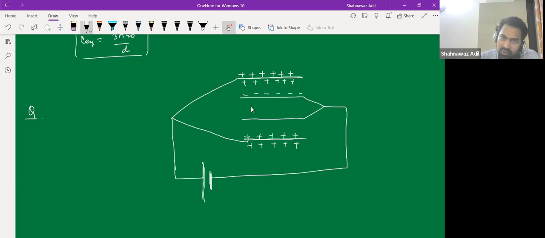This will acquire the negative charge, and this will acquire the negative charge. So can you identify which positive-negative combinations can act as a capacitor? How many capacitors are there in this question?